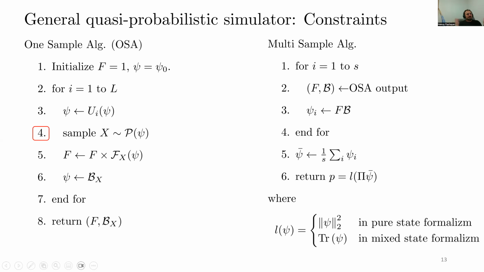In general, phase space can be very big, and it's not easy to have a scheme for sampling from that particular probability distribution. So you have to have an efficient way of doing this in order for this simulator to work. The function might not be trivial. It might be hard. Additionally, if these Fs grow too fast, then your simulation has really poor sample complexity.